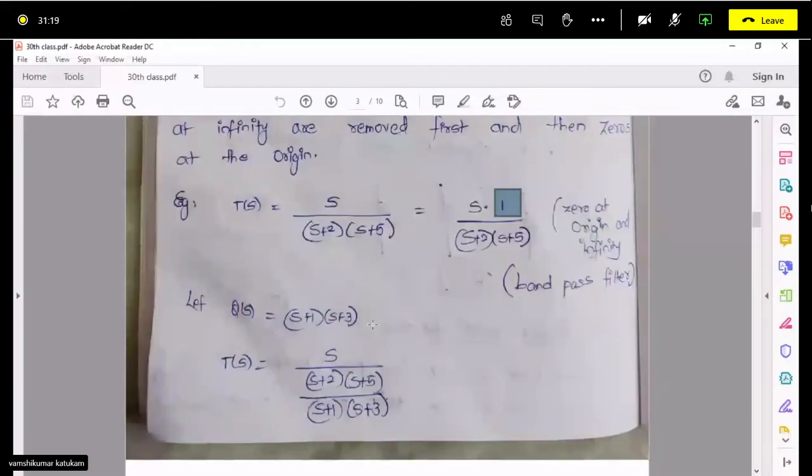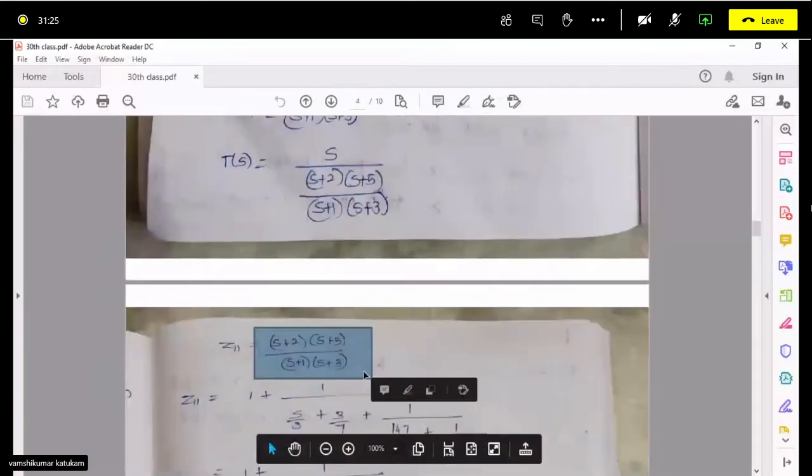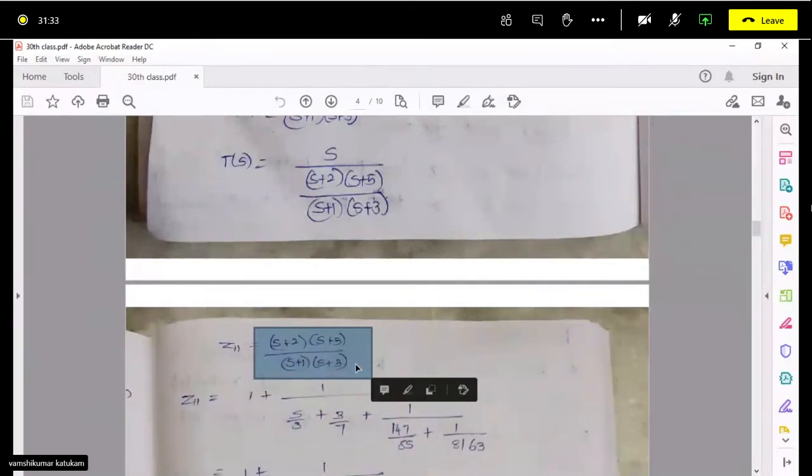But if you see, in all the cases the driving point function is the same, but we are expanding according to the numerator term. Okay, if it is 1, KR form 1. If it is s square, or all the zeros, not only s square. If in the denominator you have s cube, all the zeros in the numerator should also be s cube, or at the origin, it is KR form 2.